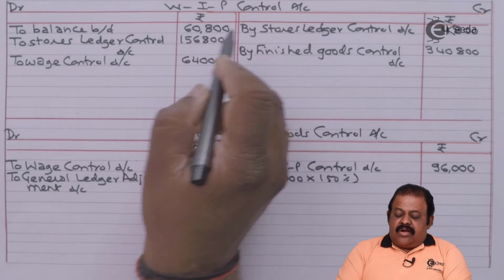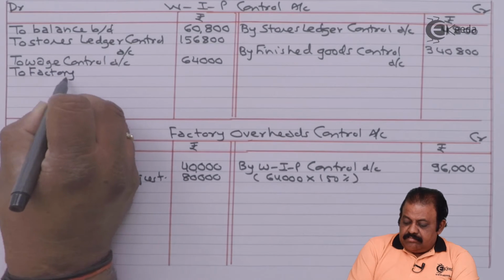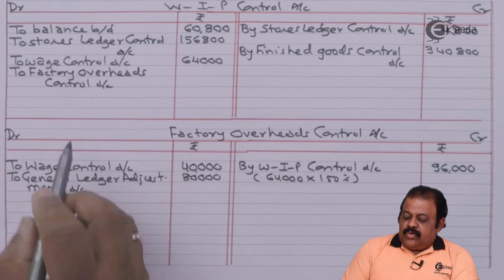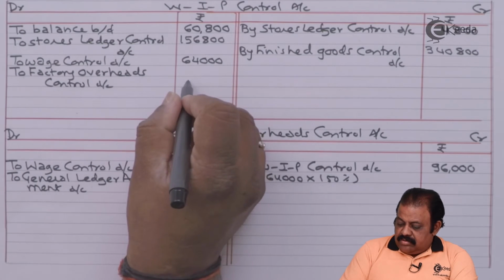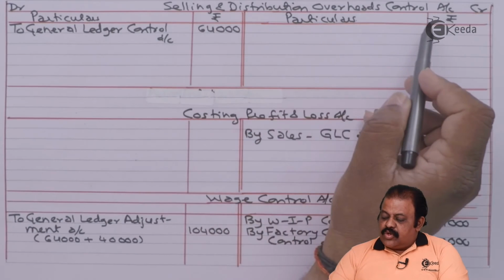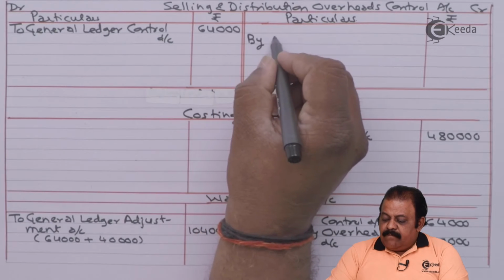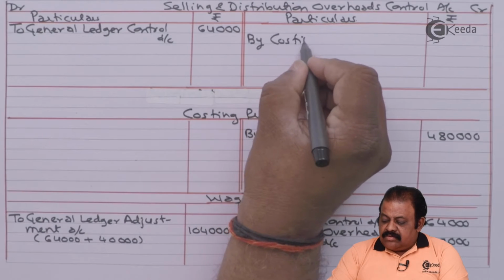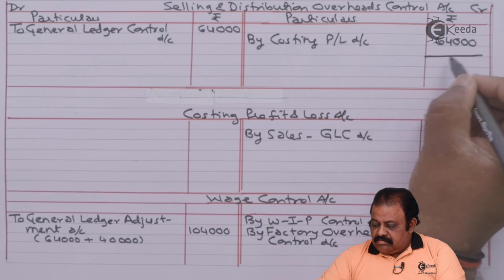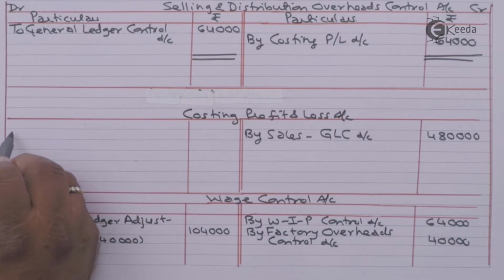Work in progress control account debit side to factory overheads control account 96,000. Selling and distribution overheads 64,000. This will be transferred to costing profit and loss account. This will be debited to costing profit and loss account.